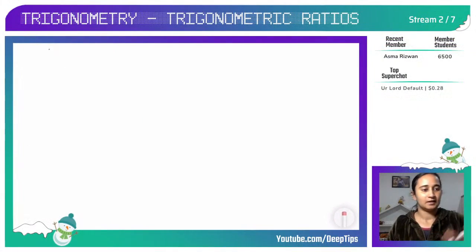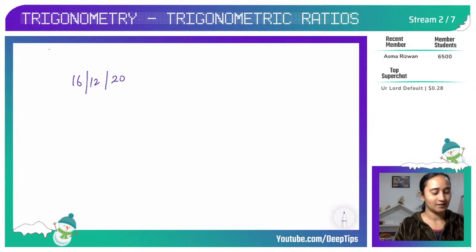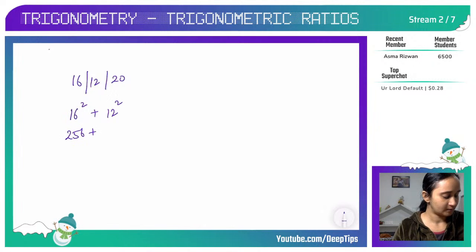So if you look here at the date, when I say 16, 12, 20, that is today's date, right? So 16 square plus 12 square is 256 plus 144, which is equal to 20 square. Okay, so that is your 400.